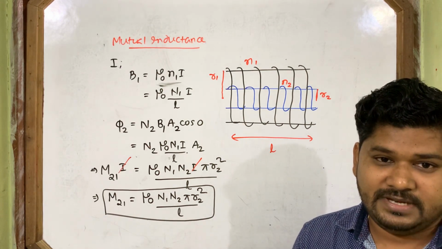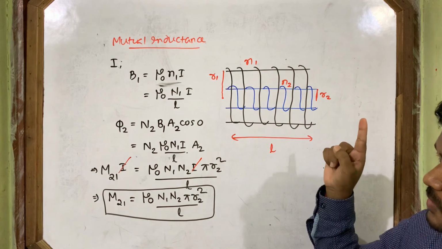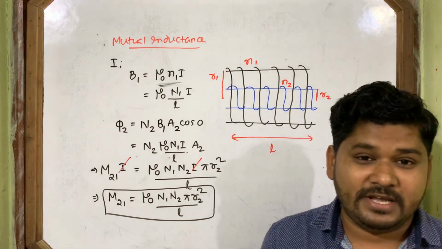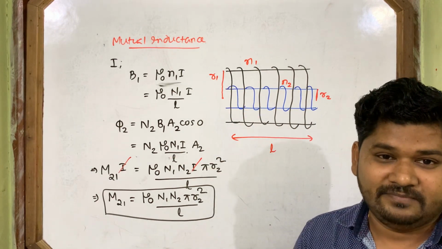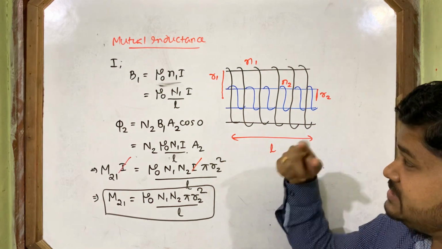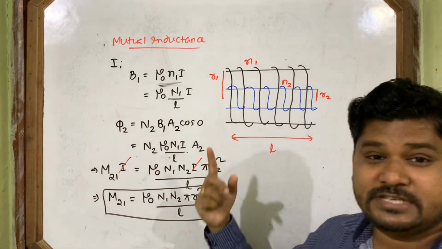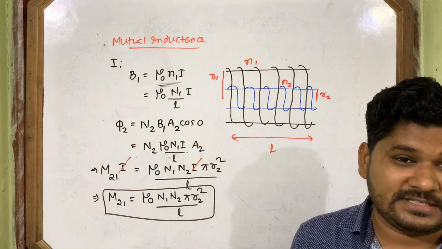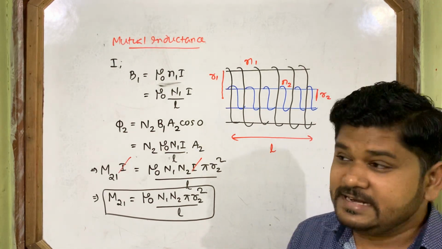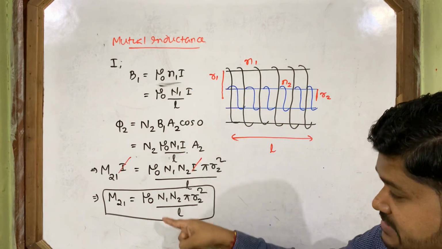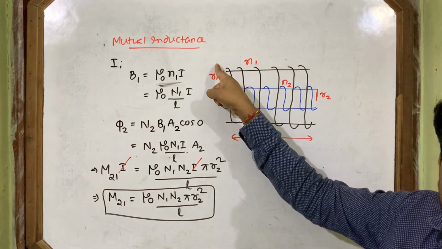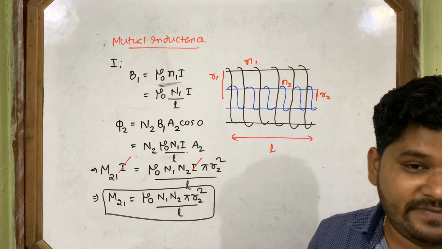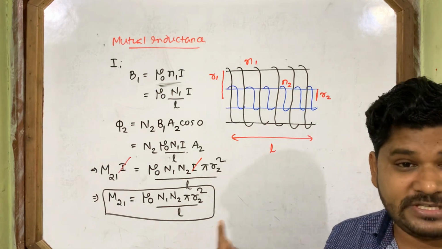But if current is provided to the inner coil, how much EMF is induced, how much flux is linked to the outer coil, at that time what is the expression of mutual inductance? I did this derivation providing current to the first coil, the outer coil, and found the flux with the second coil.